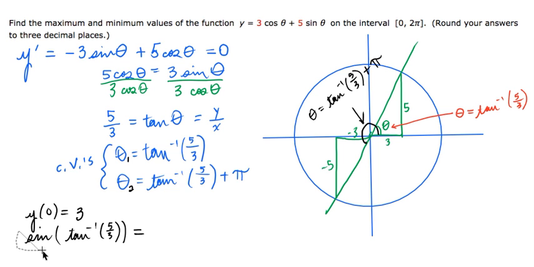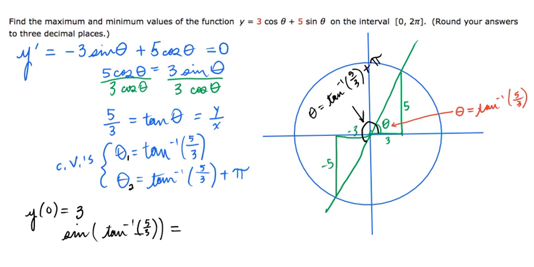I'm just going to scoot all of this over, since I forgot to label theta 1. There we go. So this is equal to y of theta 1. It's equal to, well, I'm not sure what I was doing there. Let's start over.